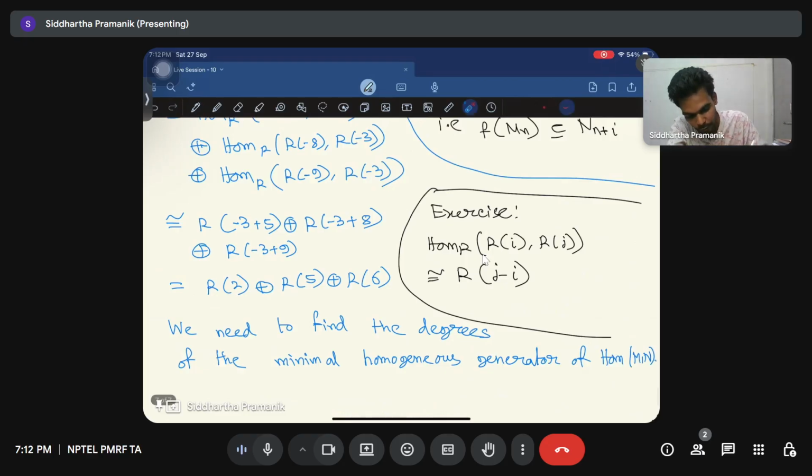Now if we take R, then it is generated by just 1, and 1 has degree 0. That we have seen in the first problem itself. But what is the degree of 1 here?